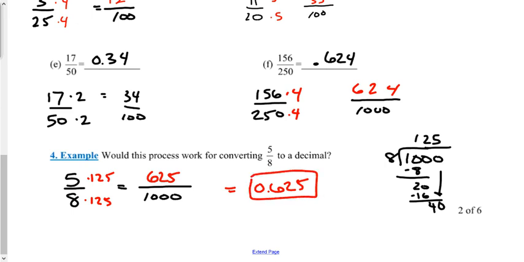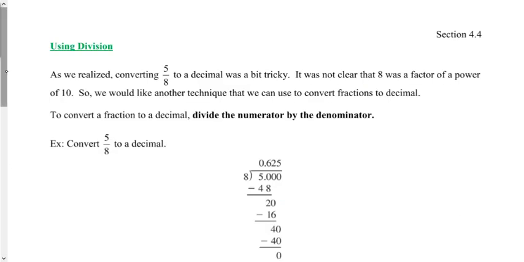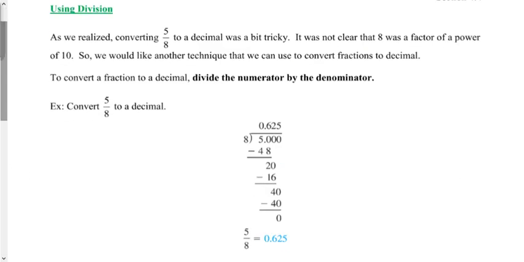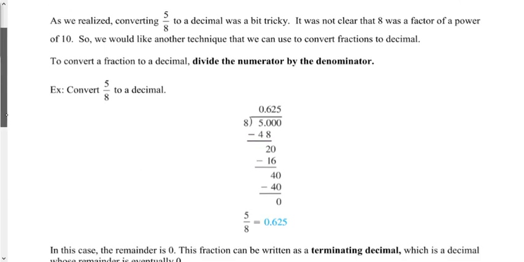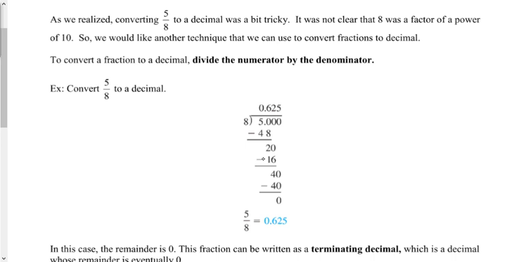Okay, so yes, the same process does work. It's just not very nice. It's not a great way of doing this. So instead, we tend to use other methods. We tend to use things like long division in order to change those decimals. So if we want to convert 5/8, we just take 5 and divide it by 8, and then we just keep going until it goes in evenly.